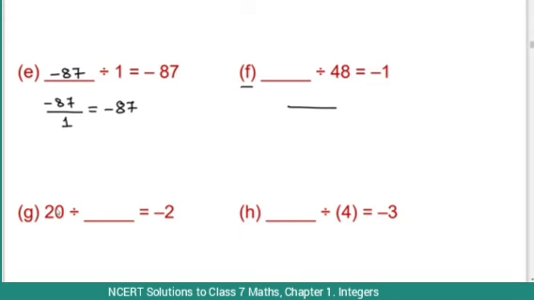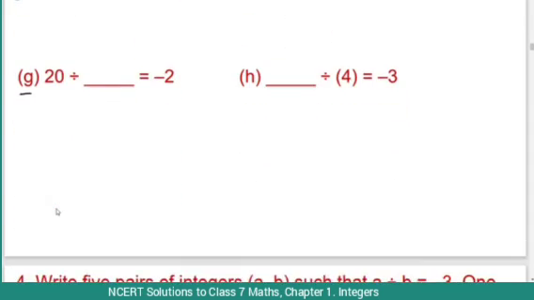F, dash divided by 48 is equal to minus 1. So here it comes minus 48. So minus 48 divided by 48 is minus 1. G, 20 divided by dash is equal to minus 2. 20 divided by minus 10 is equal to minus 2. So the answer is minus 10.